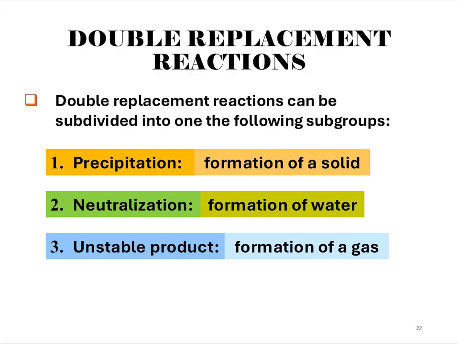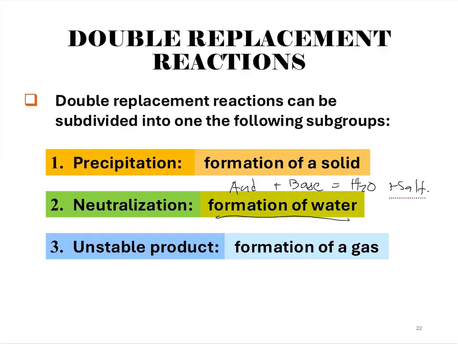Precipitation can happen, for example, if you have lead metal in solution and chlorine gas, and you get lead chloride. Or neutralization, formation of water. This is why it's called neutralization. It's an acid plus a base equals water plus a salt is what we get for neutralization.